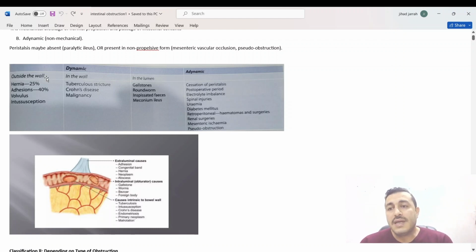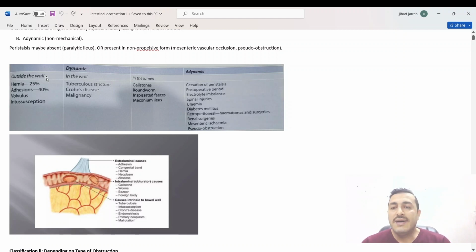Intussusception can be considered as luminal or in the bowel wall, it differs between literatures. In the wall, for example, are strictures, whether tuberculous strictures, Crohn's strictures, ischemic strictures, or malignancies. They arise from the wall, so they are in the wall.